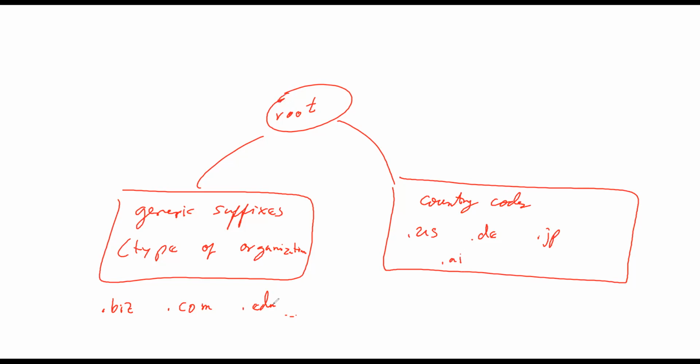If you think about it, we always think of domains as going from left to right, because we read and write from left to right. But technically speaking, this was designed in the opposite direction.